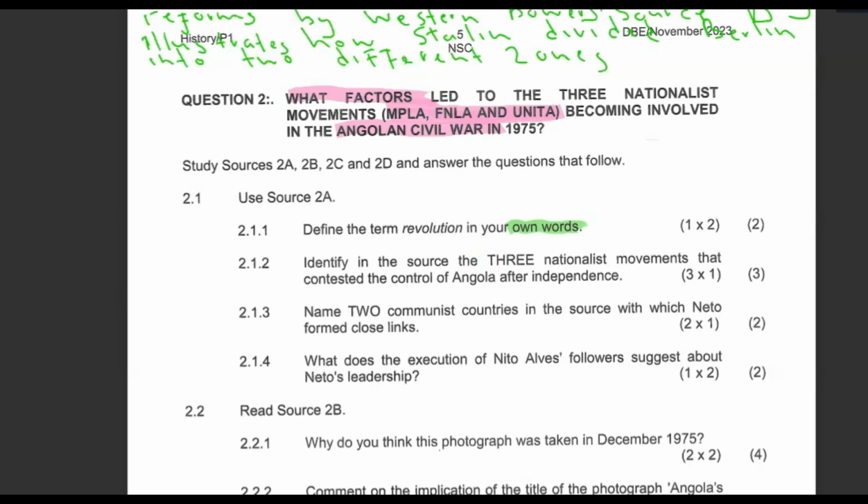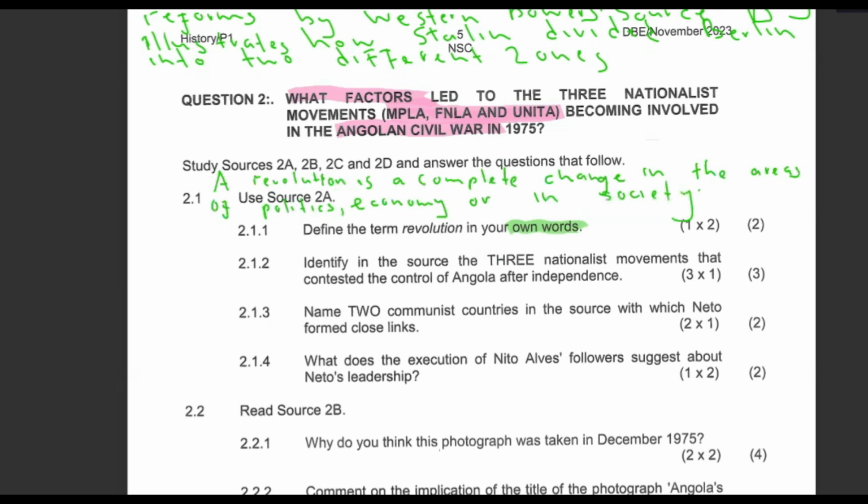A revolution can be described in the following way. You can define a revolution as a complete change in the areas of politics, or in the area of the economy, or in society.